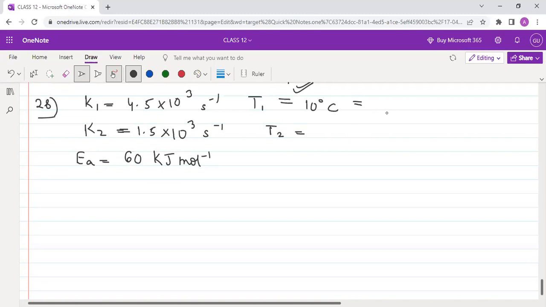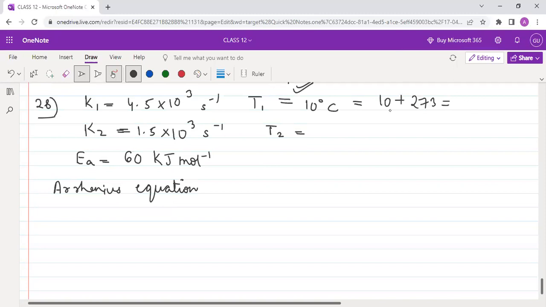How much did you get? It is 283, that is 10 plus 273.